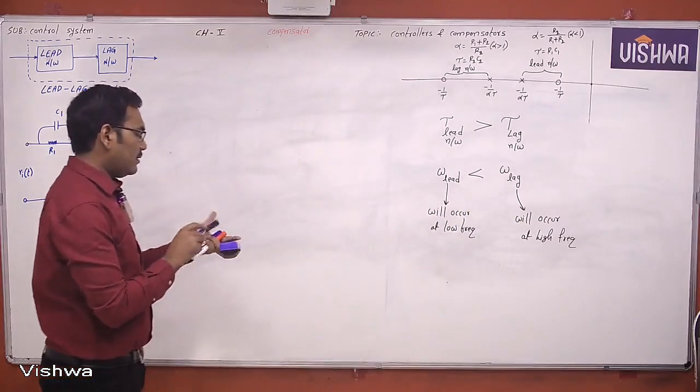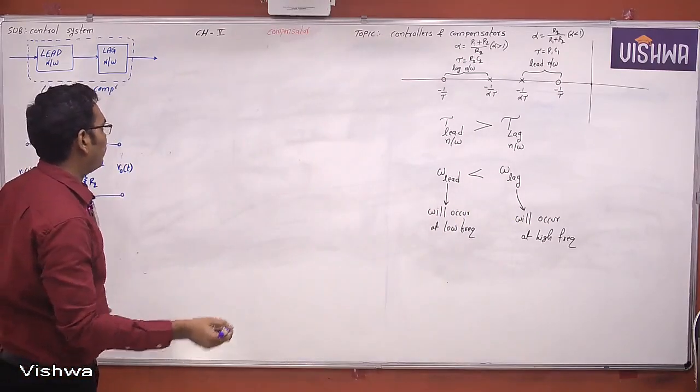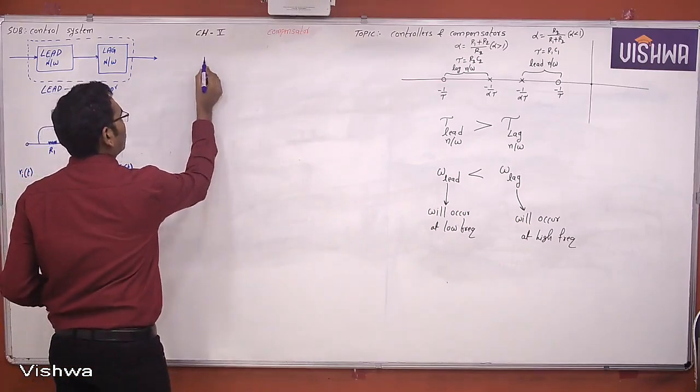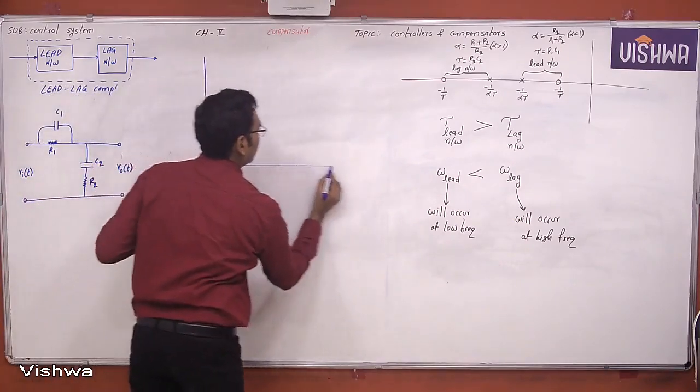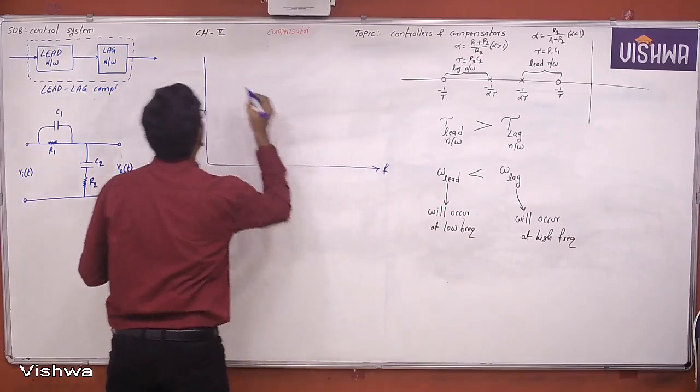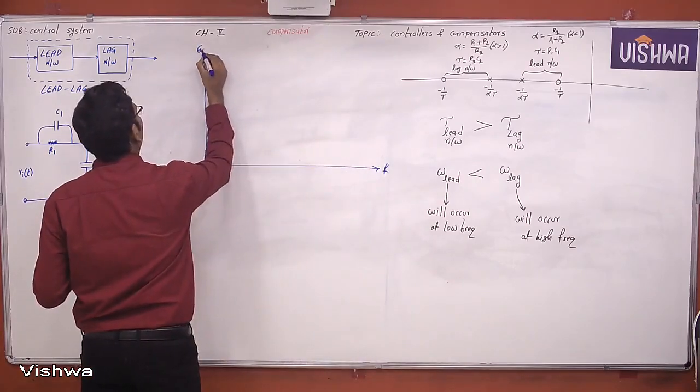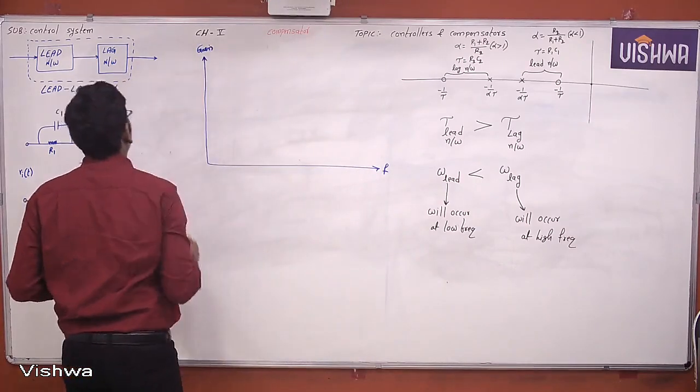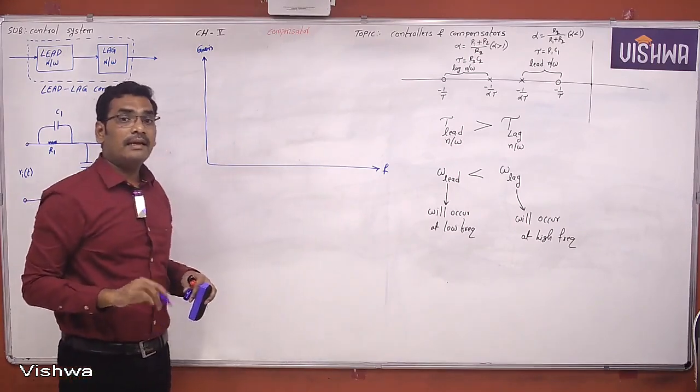And not only that, you also see here the gain versus frequency characteristics. What is the first network? The first network is the lead network.